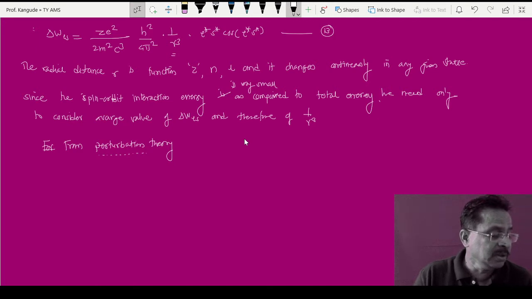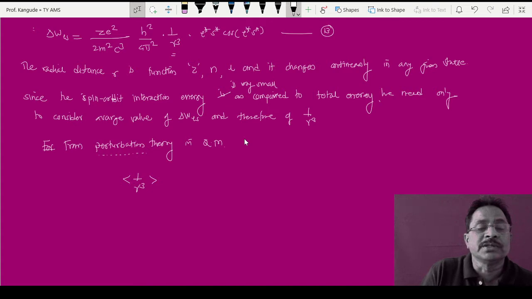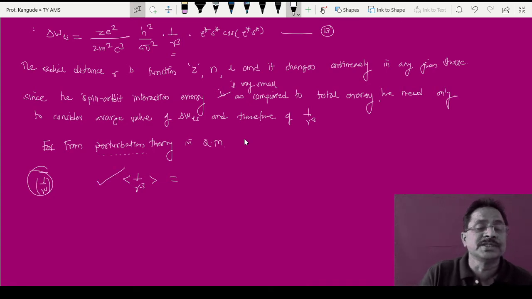According to this method in quantum mechanics, one gets this average of 1 upon r cube. This is the symbol used in quantum mechanics to write the average of a quantity. Some books write this as 1 upon r cube bar. This is also average, but we are using this symbol.